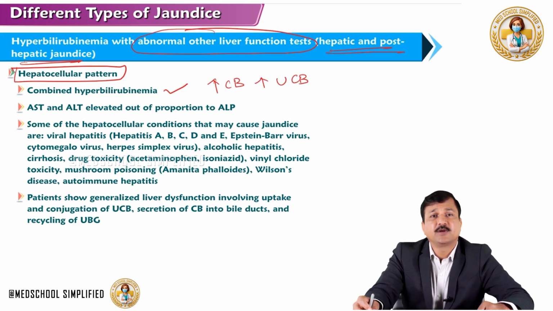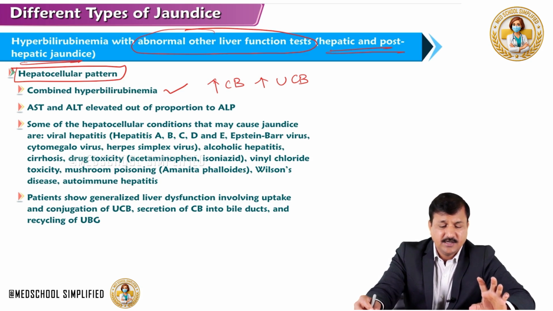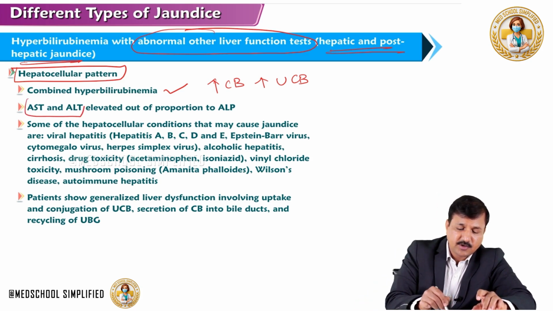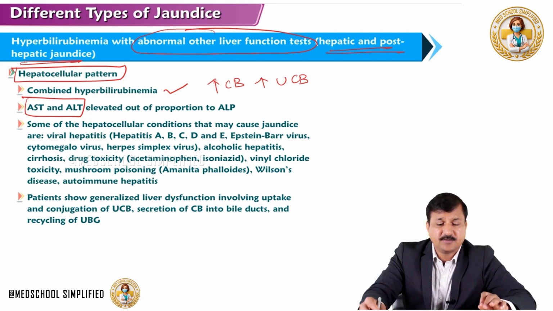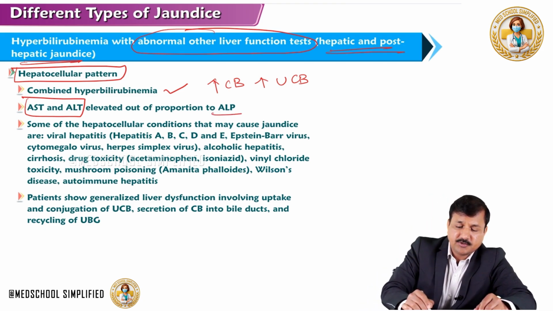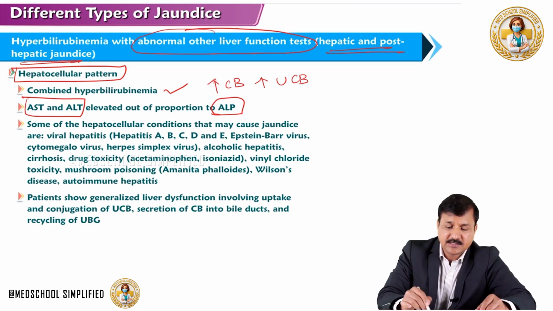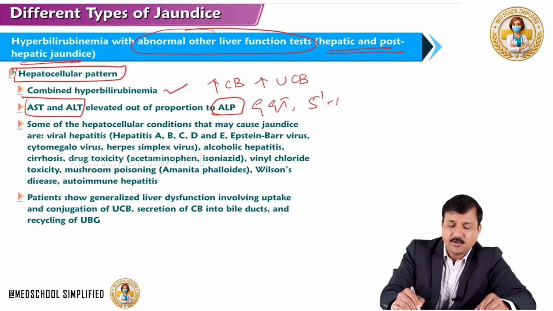Both types of bilirubin will be elevated in the hepatocellular pattern, and because the liver is affected here, the liver enzymes will also be elevated in this type of jaundice. That is, aspartate transaminase and alanine transaminase levels will be elevated out of proportion to the obstructive enzymes like alkaline phosphatase, gamma glutamyl transpeptidase, or 5' nucleotidase.